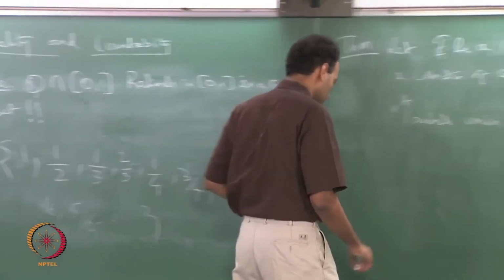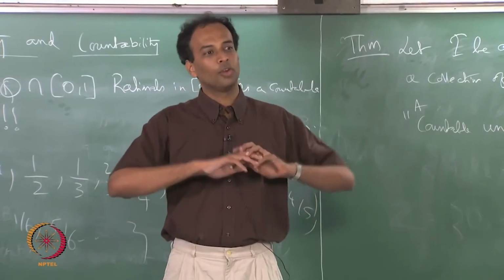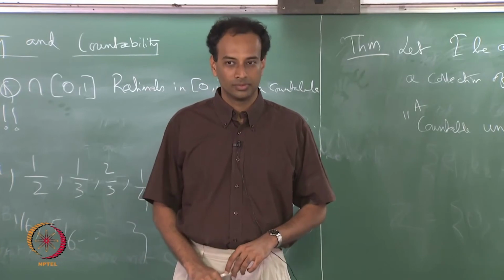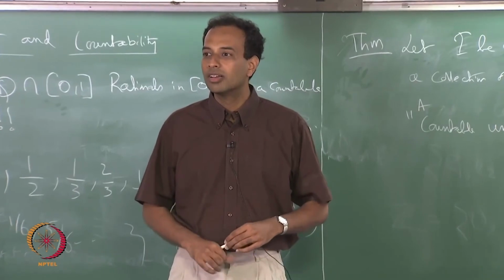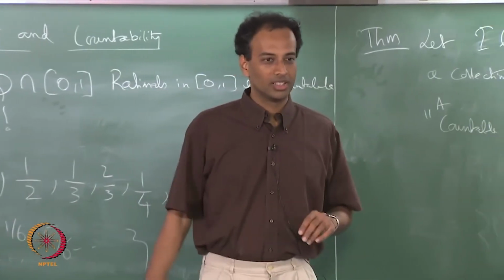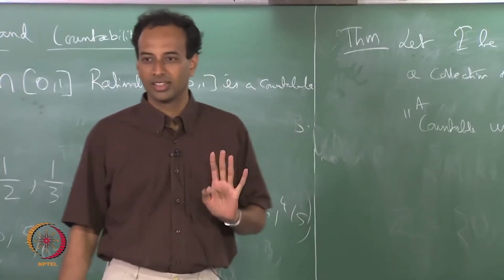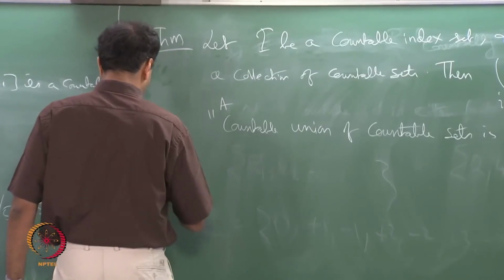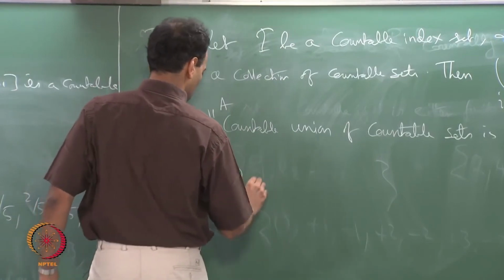Using this theorem we can prove that the set of all rational numbers is countable. Why? I have proven that the rationals in [0,1] form a countable set. Similarly, the rational numbers in any interval [i, i+1] form a countable set. So now I can write, corollary, what is a corollary? Something that follows from a theorem. Q is countable.